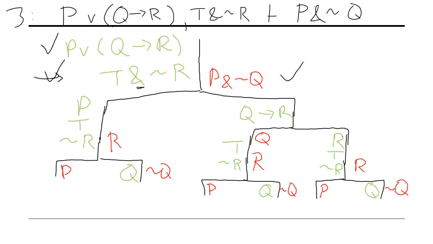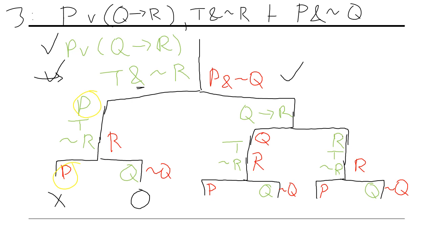So first one, I have a P and a P. One on the right-hand side, one on the left-hand side, so that's checked off. I've got nothing here on the right-hand side. So this one is going to be open.